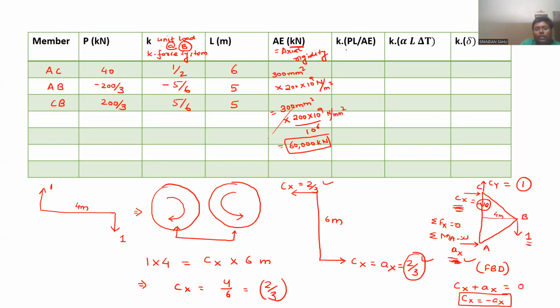Now this K PL by AE, we will not divide AE. Now we will keep it as it is. We will just multiply K system with P system and L. So from here we will get, for this it will be 40 into 6, 120 by half. It will be 120.